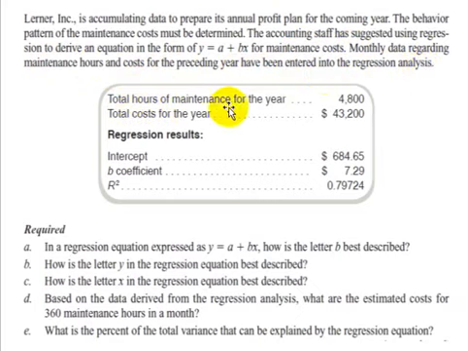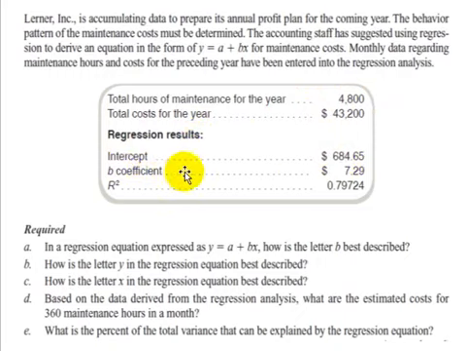Total hours of maintenance for the year equal 4,800. Total cost for the year equals $43,200. In the regression results, the intercept represents the total fixed cost.